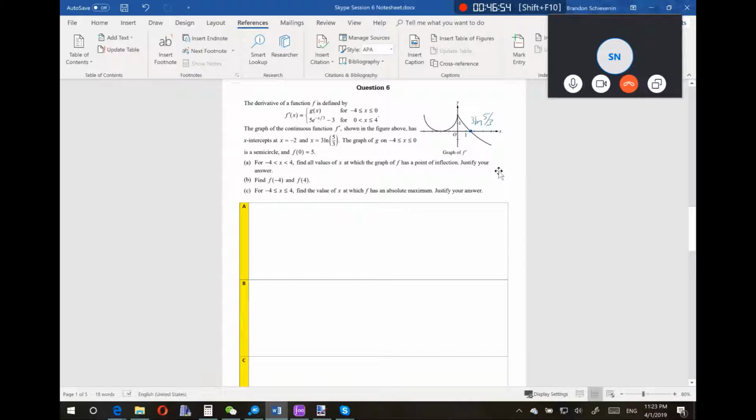Okay. My point of inflection is going to be when the second derivative changes. That's when the first derivative, the graph that's showing, changes sign. So what two x values will the graph change sign? -2 and 0. Okay, perfect. -2 and 0.